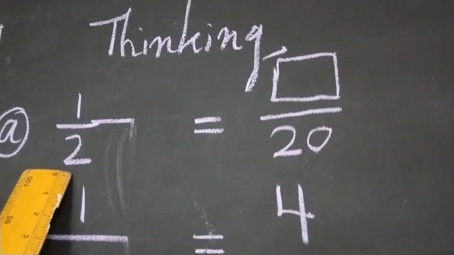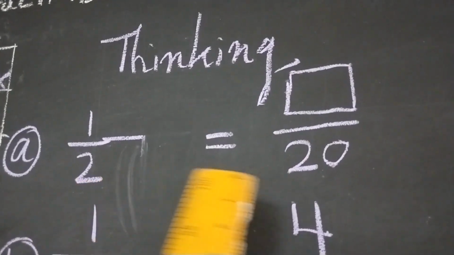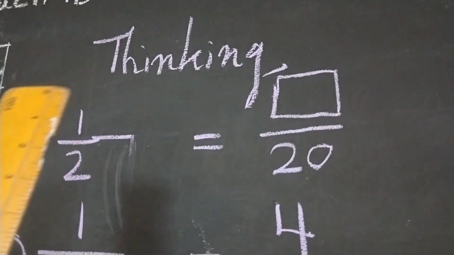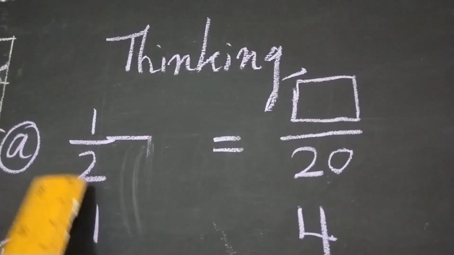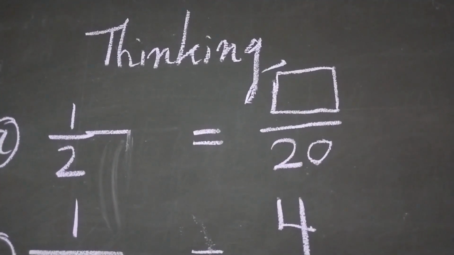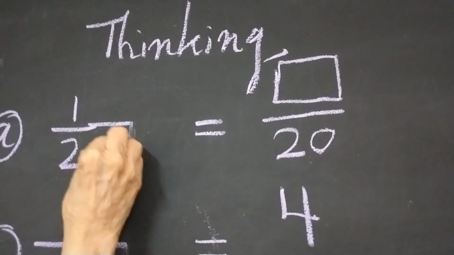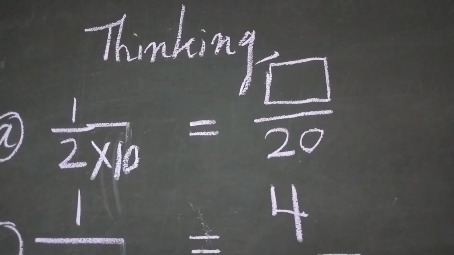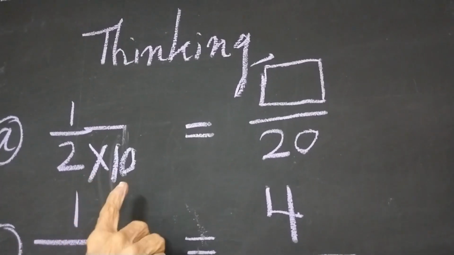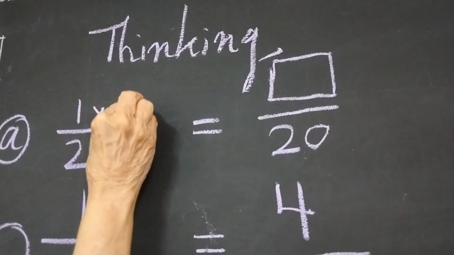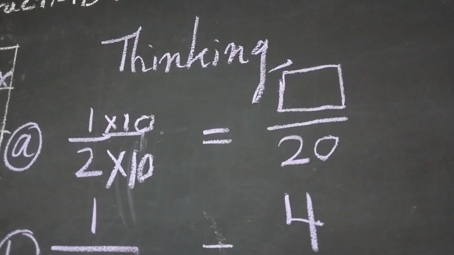Here the denominator is 2 and here the denominator is 20. So from 2, how can we arrive at 20? Very easy, by multiplying 2 by 10. But the minute we multiply the denominator by 10, we will have to multiply the numerator also by 10.